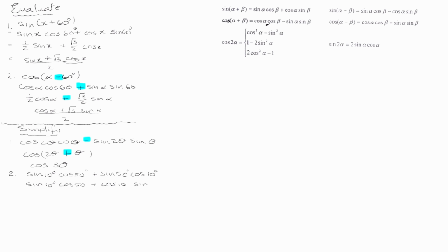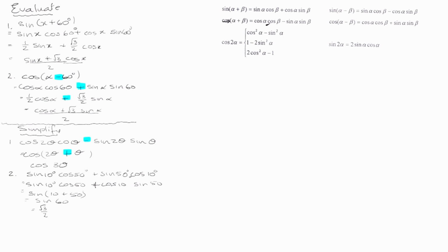All I've done is reverse these two, and considering they multiplied, it doesn't make any difference to the sine, it stays a plus. So now I've got the perfect pattern. Sine cos plus cos sine is sine of 10 plus 50, which is sine of 60, which is root 3 on 2. Right, let's go and put all those equal signs in.